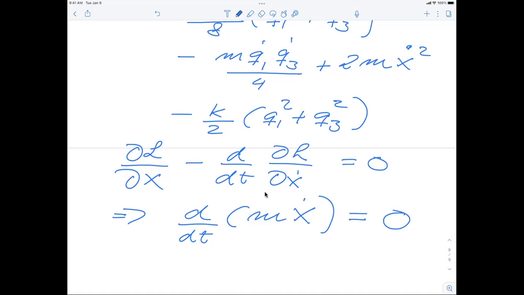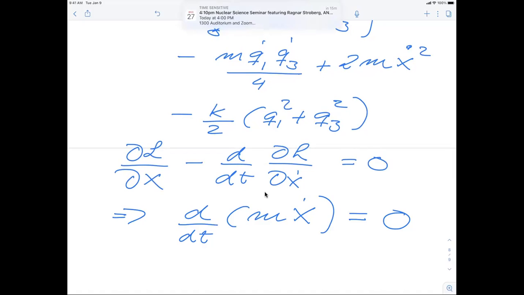Now comes an element of repetition here. If you think of the way we derived this, x was the central mass position. What does this quantity actually mean?